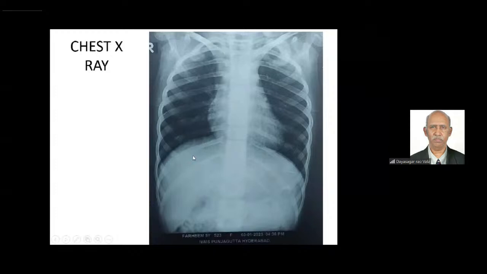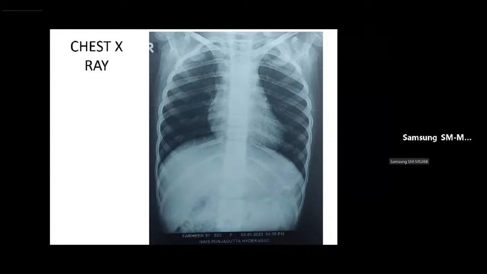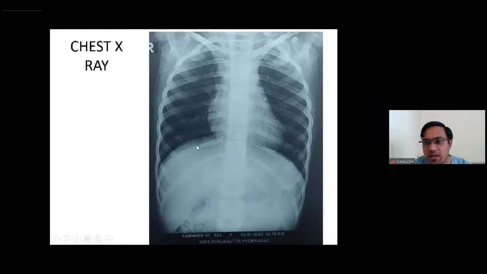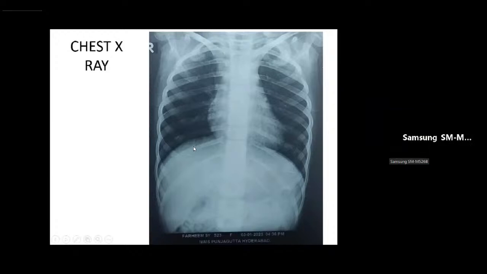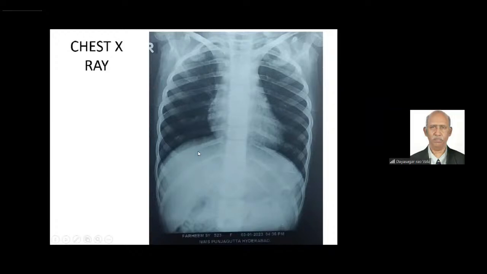Tell me one example wherein the liver is on the same side and the diaphragm is also lower. In cases of dextrocardia, sir. Mirror-image dextrocardia? In mirror-image dextrocardia, the liver is on the other side.